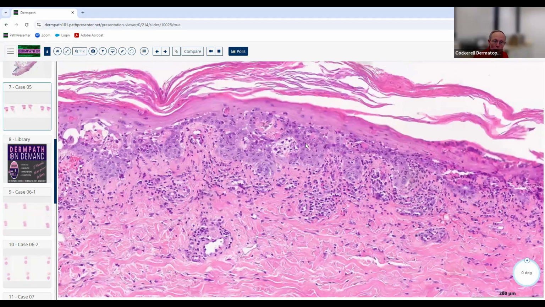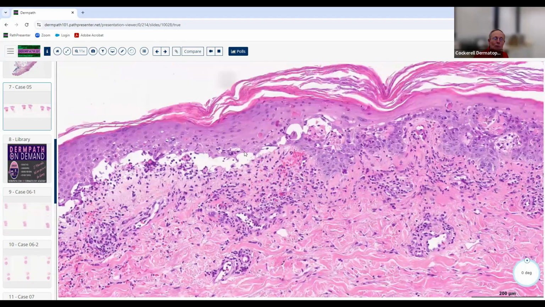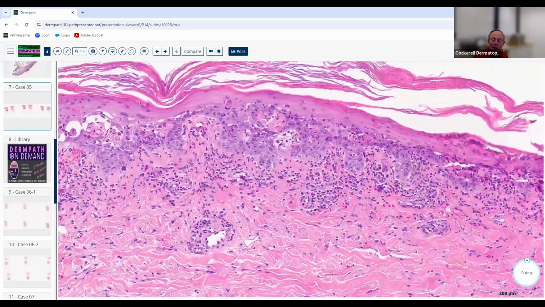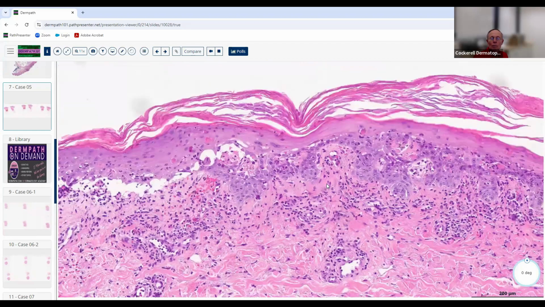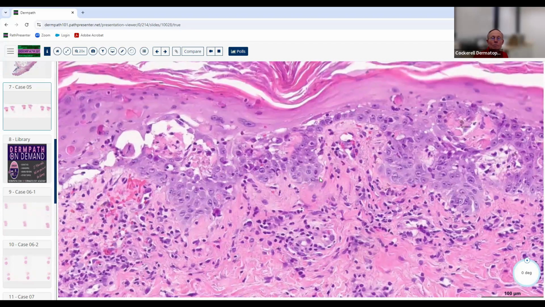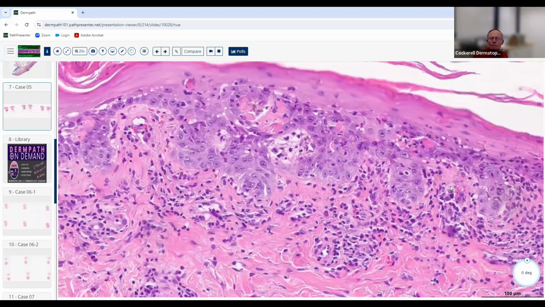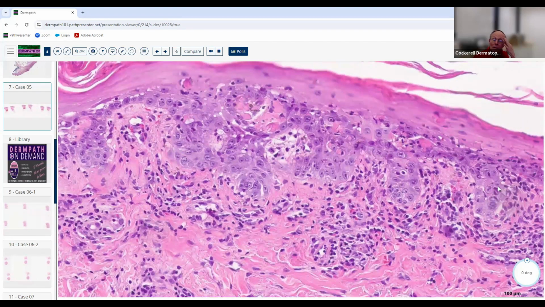Now, what's the differential diagnosis of interface dermatitis vacuolar type with dyskeratotic keratinocytes? What are some of the things that you have to think about to hone the diagnosis a little bit more closely? What's the most common thing that we see in dermatology with this pattern?